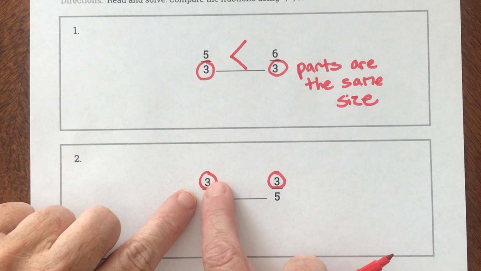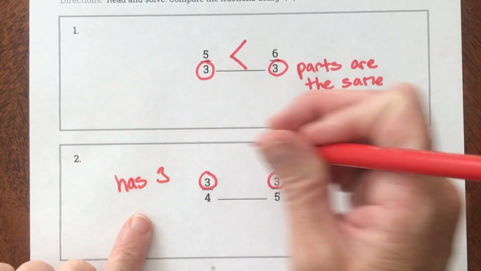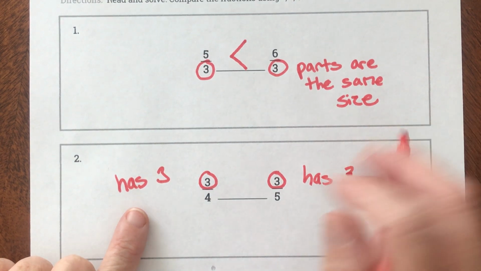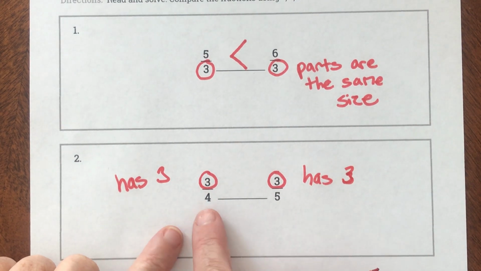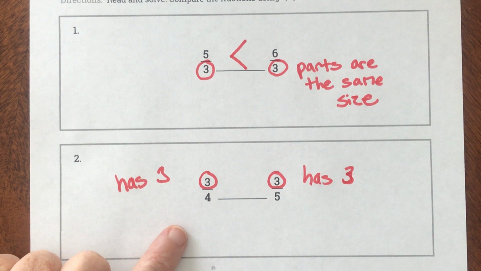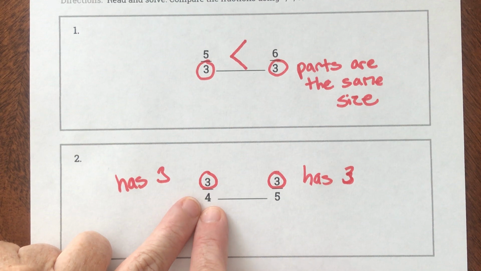So this fraction has 3, and this fraction has 3. So they both have 3 pieces. But let's look at the denominators and let's think about the size of the pieces. So if you had a pizza and you cut it into 4 slices, that's what this is saying. I have a pizza and I cut it into 4 slices.